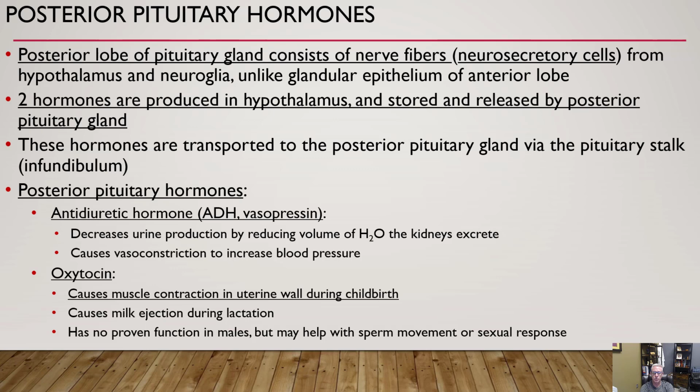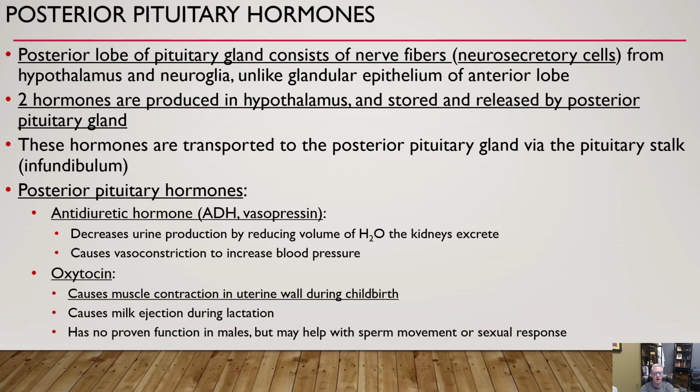So it has a dual effect. As a side note, ADH deficiency can cause a condition called diabetes insipidus. And alcohol inhibits the secretion of ADH. So that is why you have to urinate after just drinking a few beers.